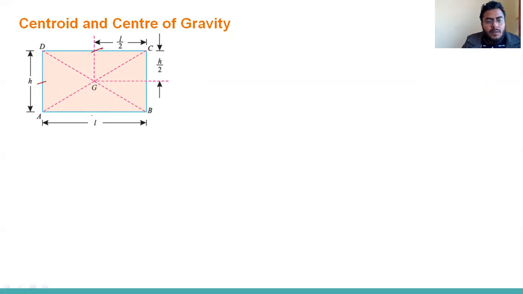By joining the middle points of opposite sides, we get this line. Similarly, joining the middle points of the other opposite sides, it will intersect at a point G. So that is called the centroid of that area.